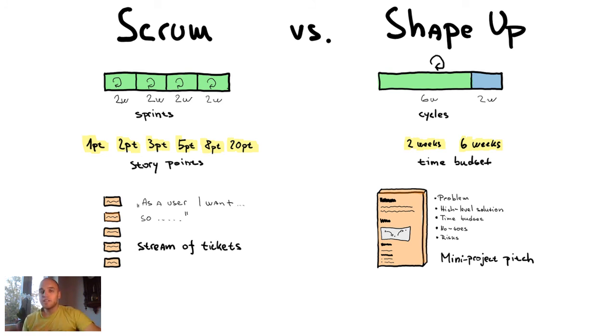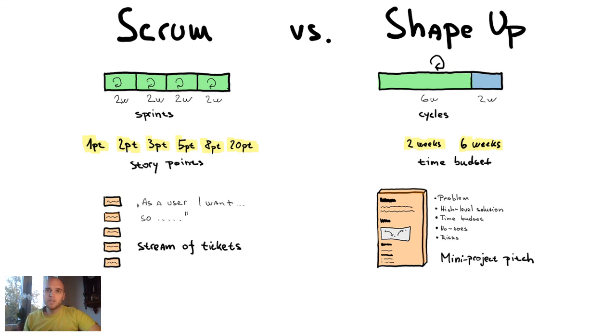The goal here is to give them all the information, all the goals that need to be achieved, and then the team is self-organizing to achieve that goal. So nobody is creating tickets for them. It's really up to the team.